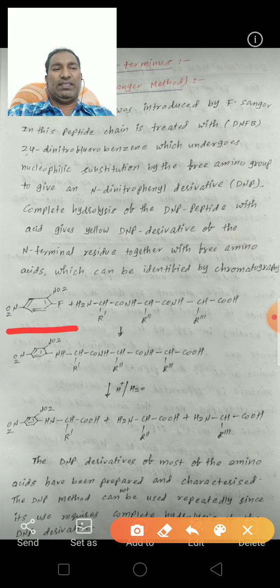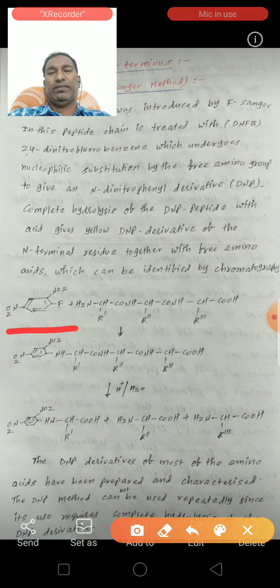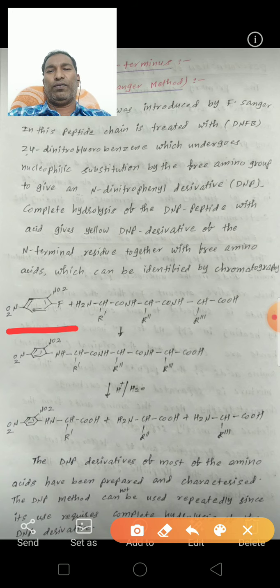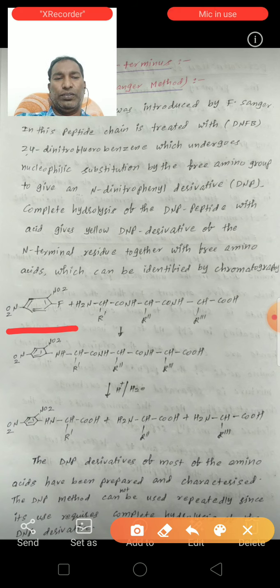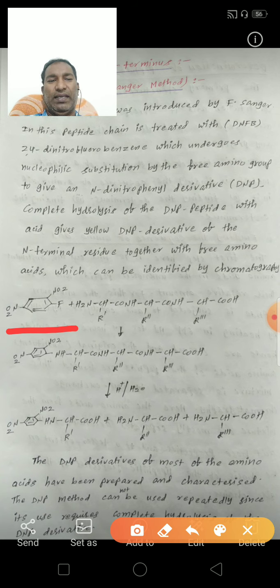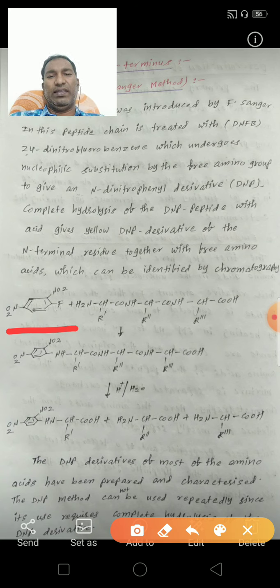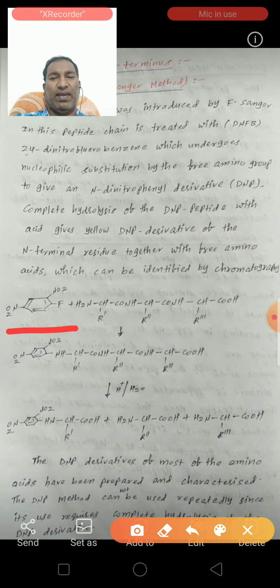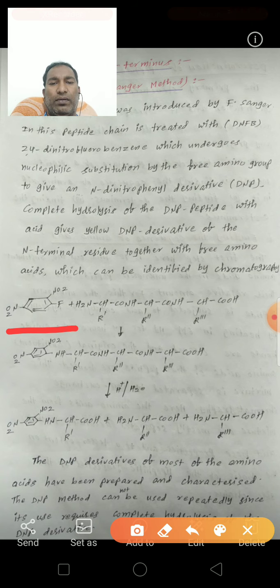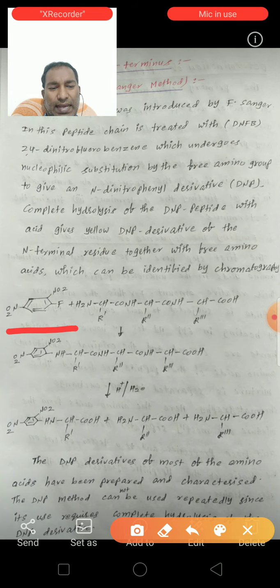So take the peptide and react it with Sanger's reagent, 2,4-dinitrofluorobenzene, to form a DNP derivative, or DNP peptide. This DNP peptide is hydrolyzed in the presence of acid to form free amino acids.